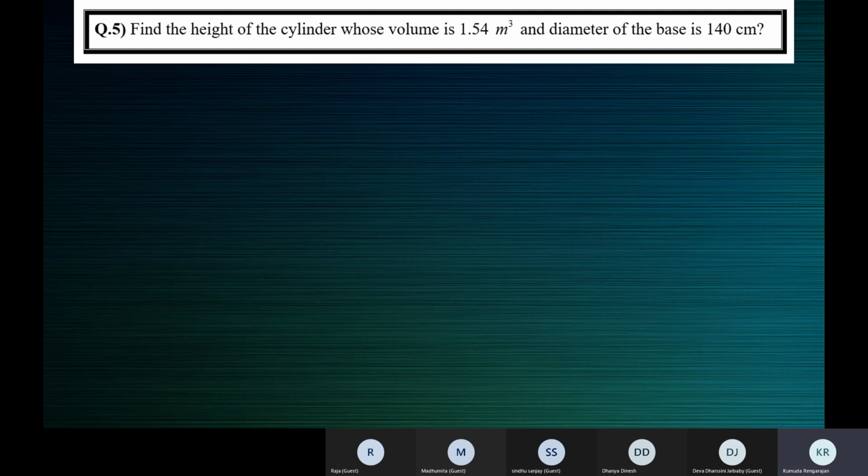So we change meter cube to centimeter cube.